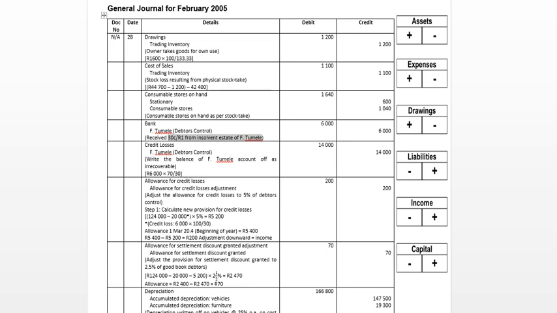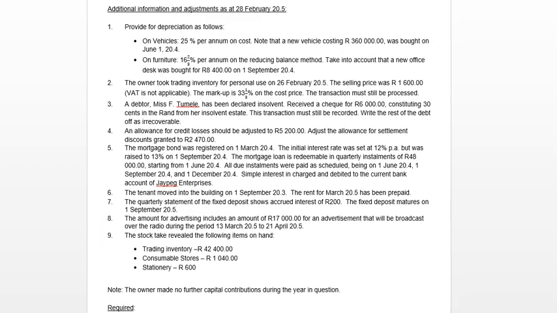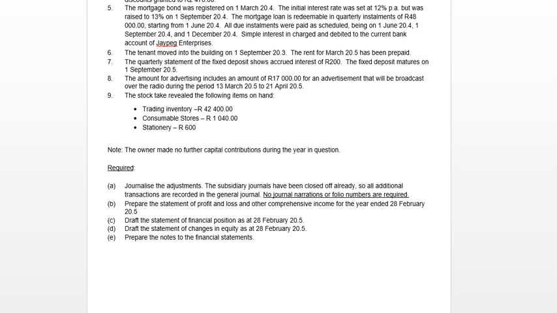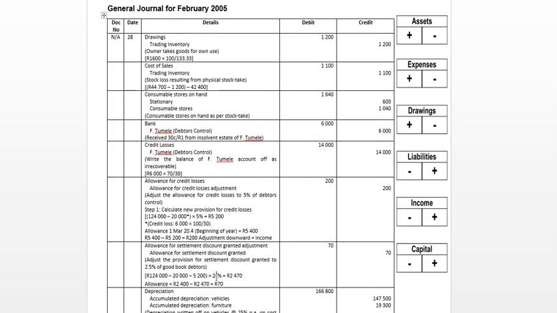Okay, so that's the one portion of that statement. The next portion is we need to now write the rest of the debt off as irrecoverable. So how do we do that? First thing we want to determine is what does she owe us in total. We received 6,000 Rand, but we know that we are still owed 70 cents.